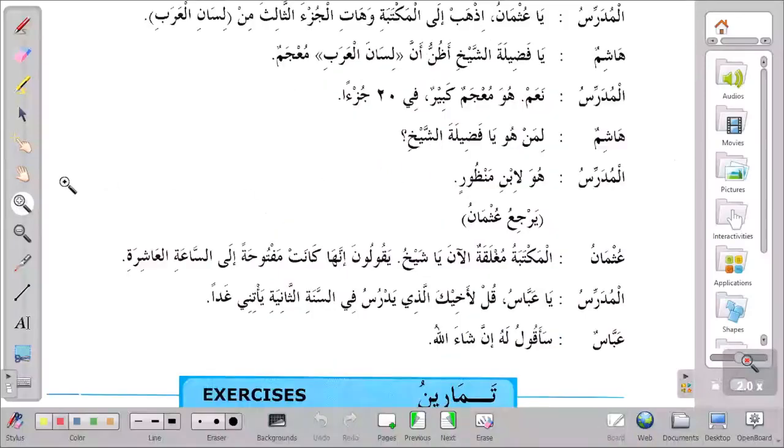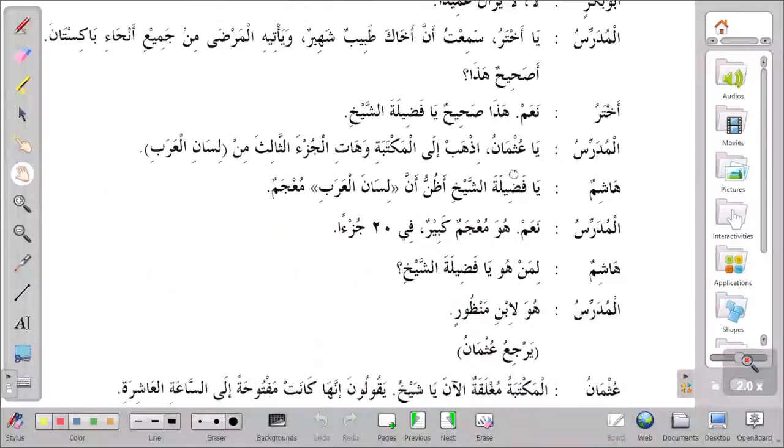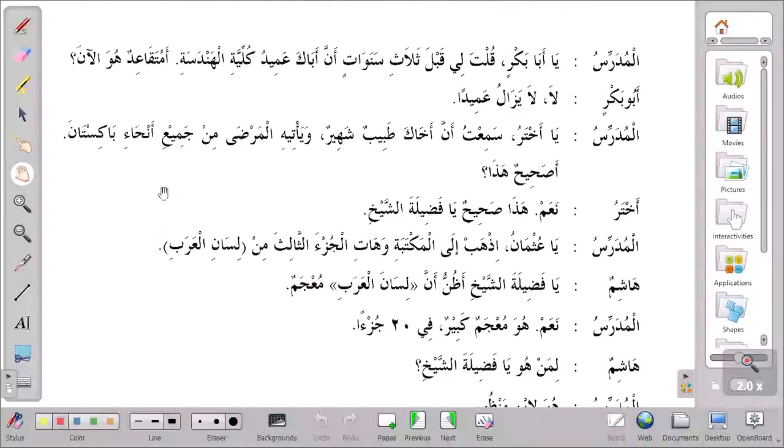So let's continue here. As you can see, Al-Mudarrisu, the teacher says, Ya Aba Bakrin. The teacher is asking Abu Bakr, and we have seen the reason for this. This is mudaf ilayhi. When ya, a harf nida, enters upon mudaf and mudaf ilayhi, the mudaf becomes mansub. So Ya Aba Bakrin, Ya Fatira Samawati.